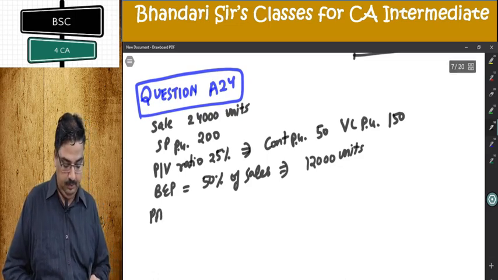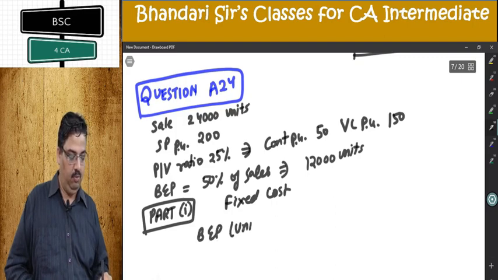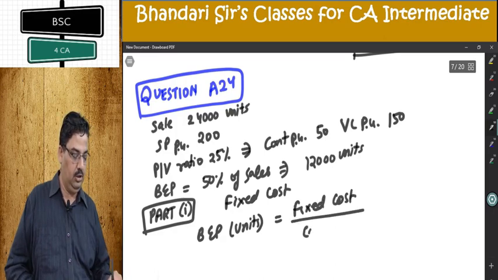Part 1. Fixed cost to be computed. Break-even point in units equals fixed cost divided by contribution per unit.